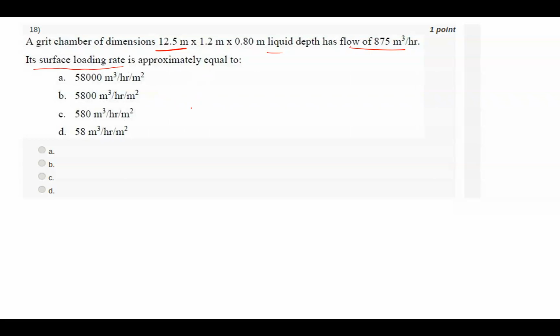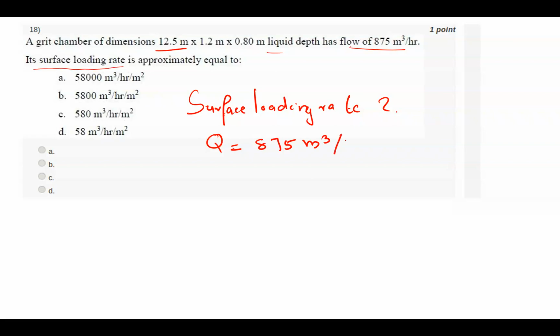So we have to calculate the surface loading rate. First of all, Q is given, flow is given, which is 875 meter cube per hour.